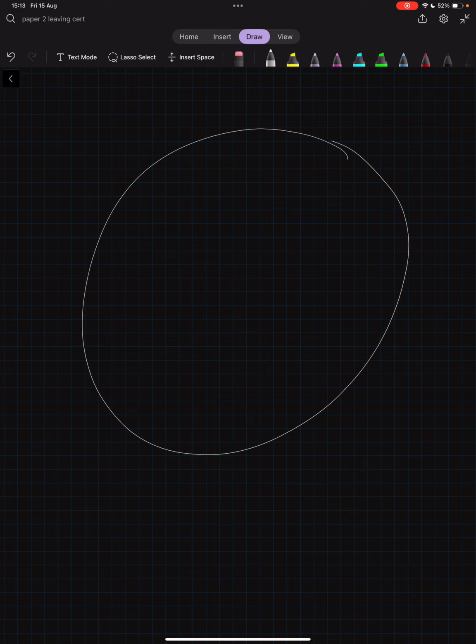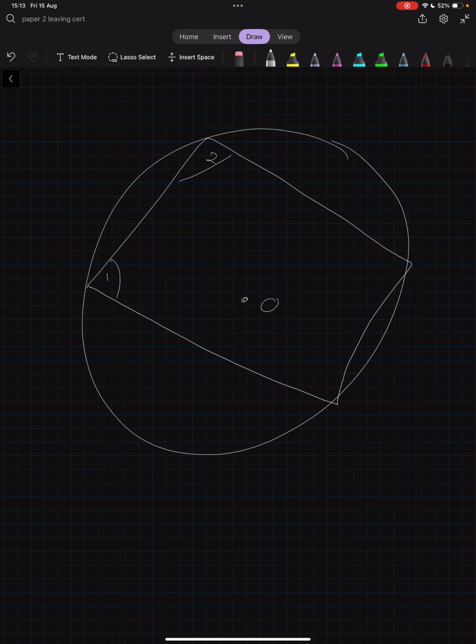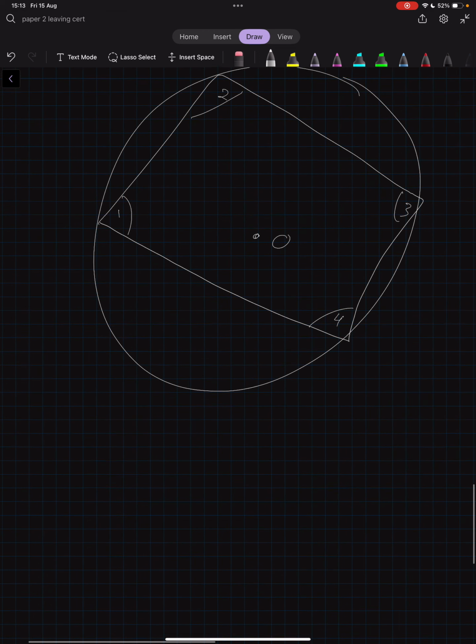The next thing to look at is if we have a circle and we have a quadrilateral in this circle, and it contains a center point O, then this angle and the third angle, so the opposite angles will add up to 180.